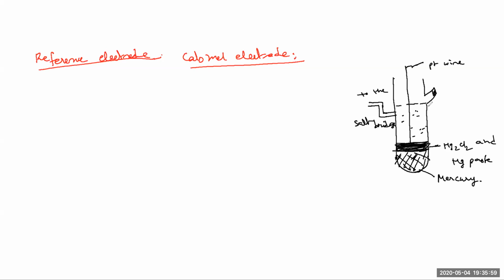Potassium chloride, saturated KCl solution. This is enclosed in a small glass tube. So that is the diagram.